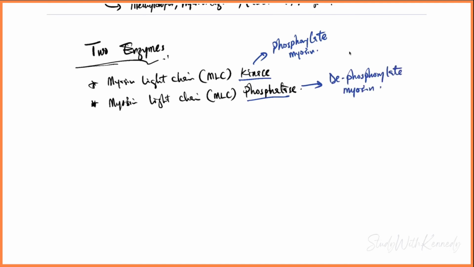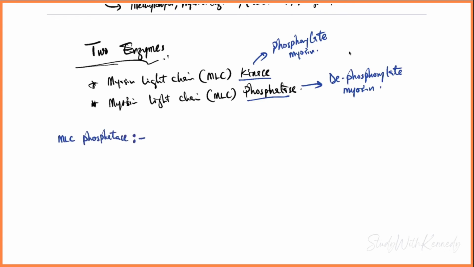So looking at the names of these enzymes, you already know their function, right? Let's start with MLC phosphatase, which is going to dephosphorylate myosin.